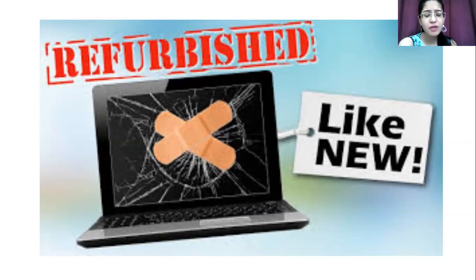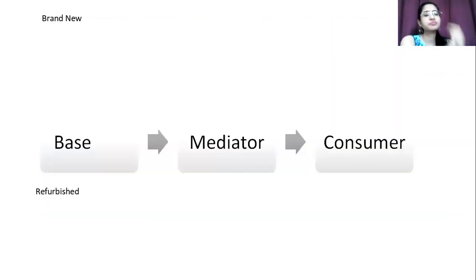When we talk about refurbished and brand new, the pathway is also quite the same, and we can say that refurbished is an extension of brand new. How do we say that? We know every pathway is followed by a systematic way, that is base, mediator, and consumer. In brand new products, the base is the company.